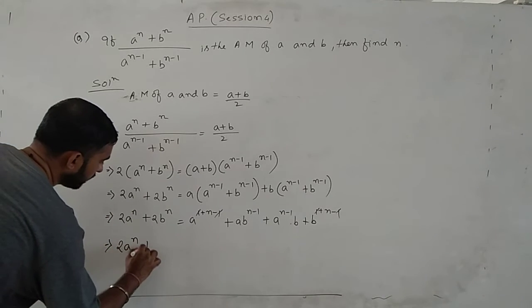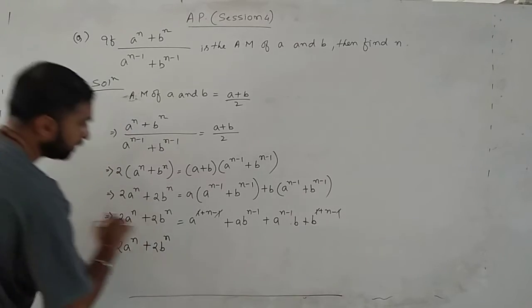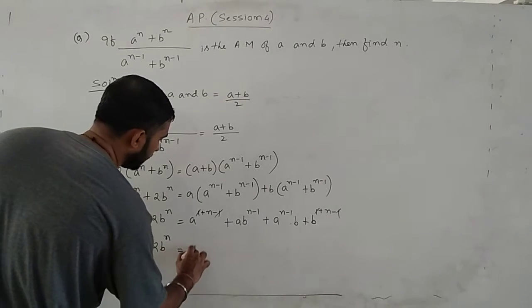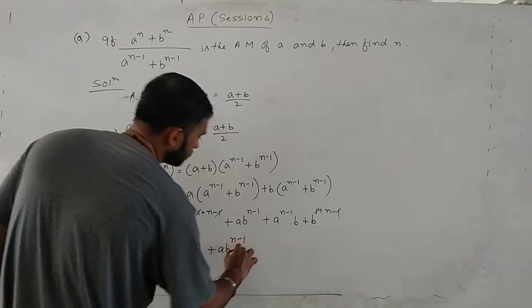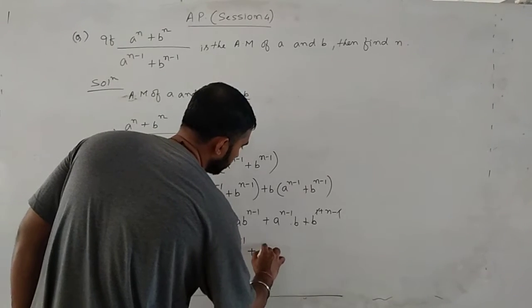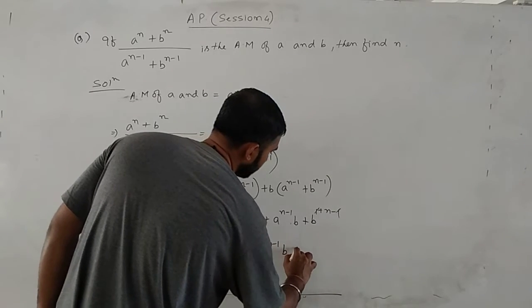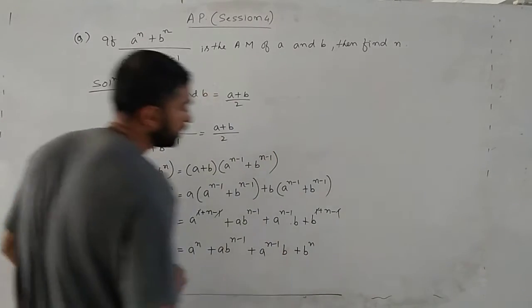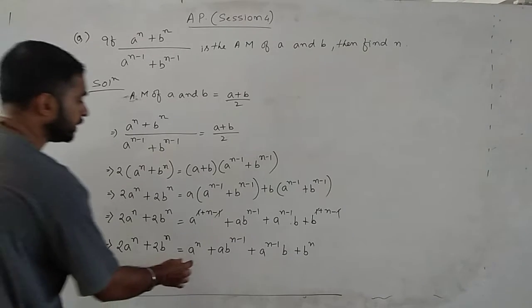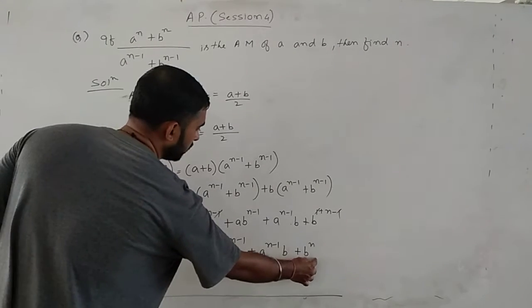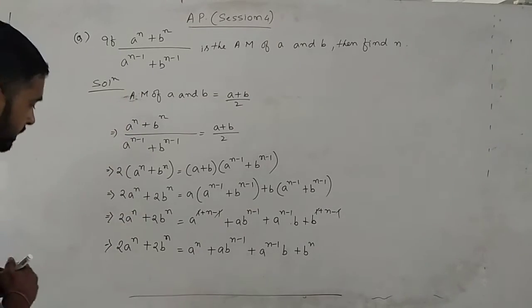Twice a to the power n plus twice b to the power n equals a to the power n plus a b to the power n minus 1 plus a to the power n minus 1 b plus b to the power n. And in the next step, we will take a to the power n and b to the power n to the left hand side.